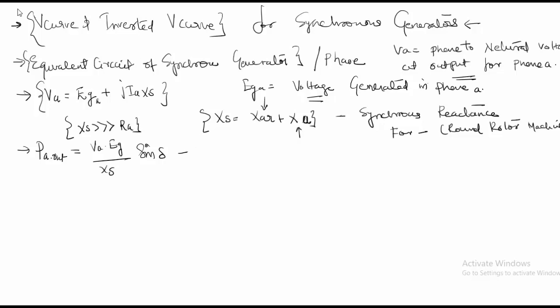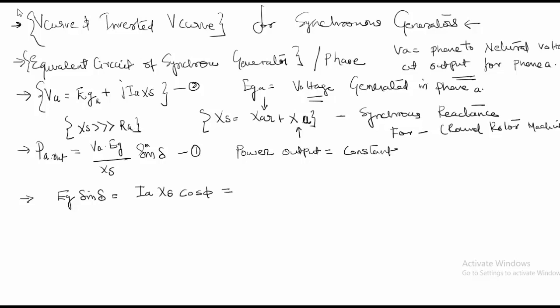So if this is my first equation and this is my second equation, then it is possible to say that if I am having a constant power operation, when my power output is equal to constant, then it could be said that EG sine delta is equal to IA XS cos phi is equal to constant.